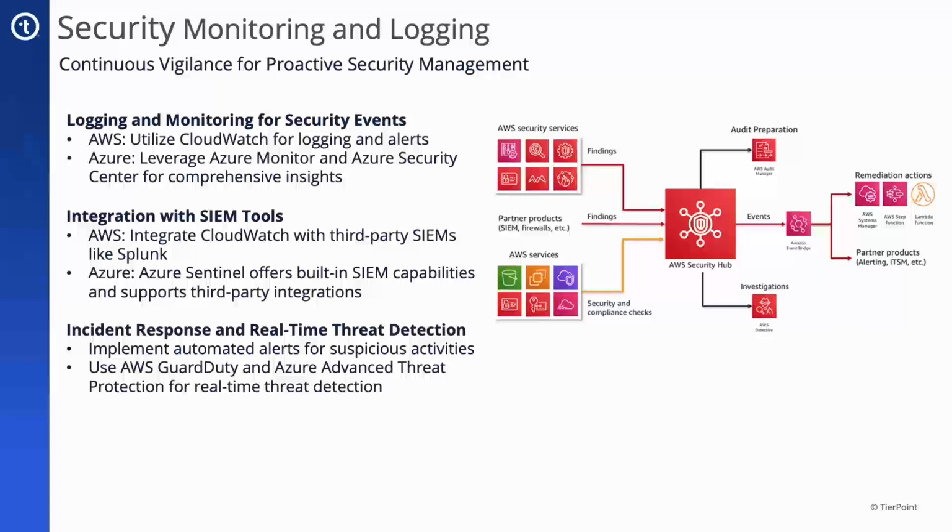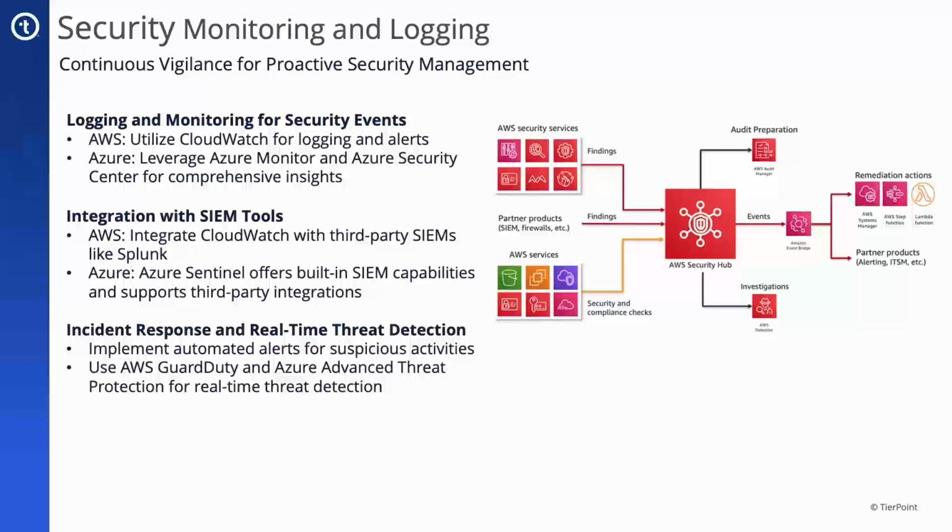On the Azure side, we have Azure Key Vault, which stores and manages sensitive information like keys, secrets, and certificates. Security Center, which is a central hub for monitoring and managing the security of resources. Sentinel, which we've previously mentioned. Azure Firewall, also previously mentioned, which is a stateful firewall service.